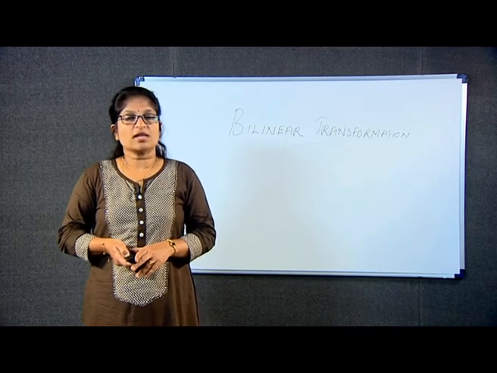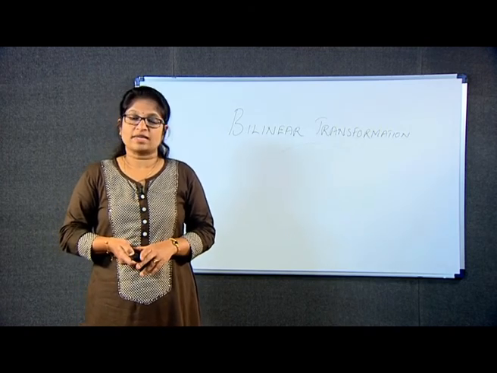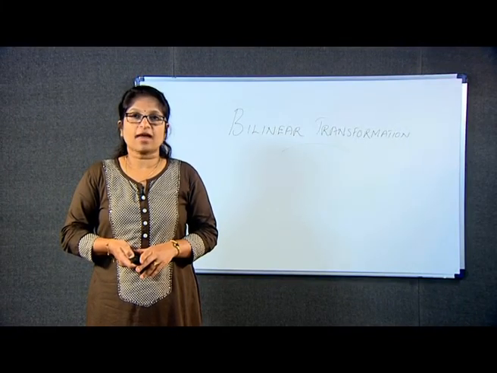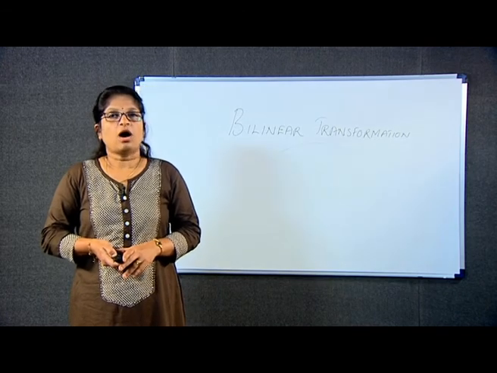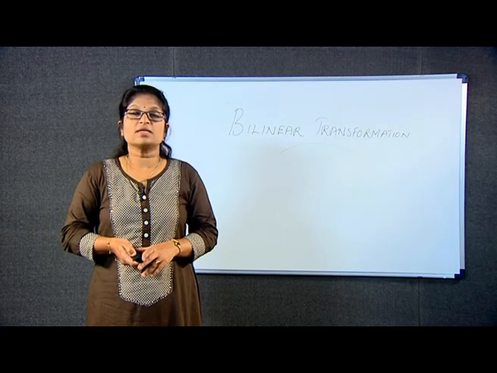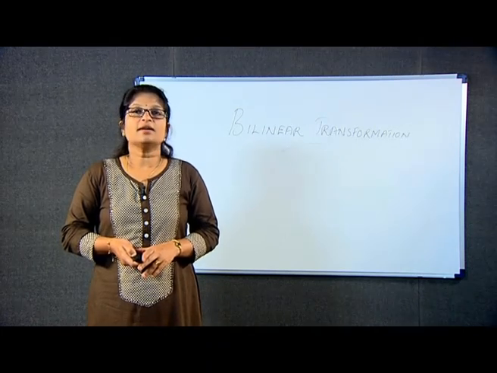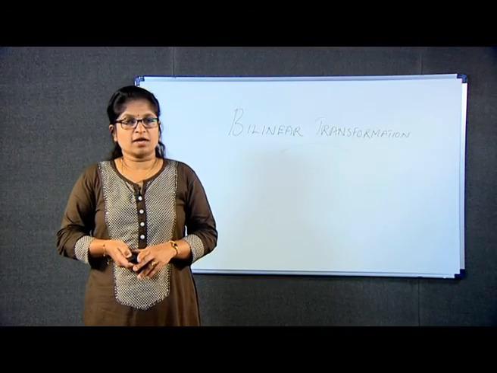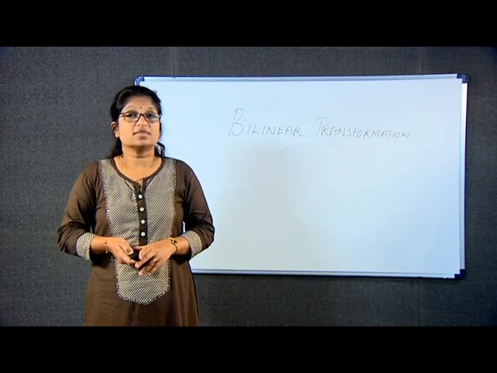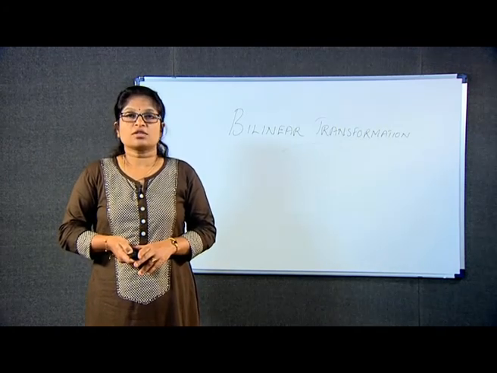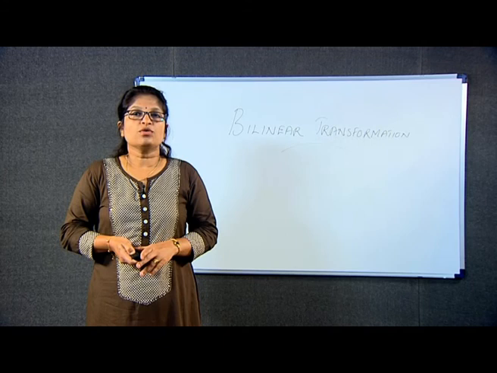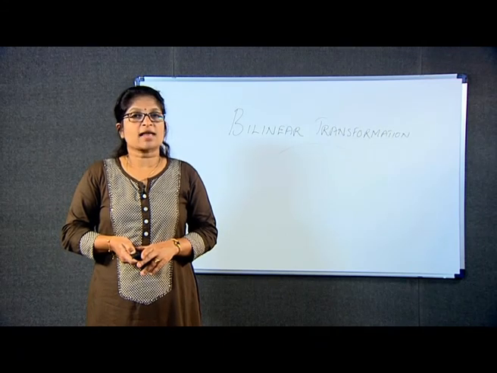You have also seen the cross ratio preservation property of bilinear transformation, and this property can be used to find the bilinear transformation if you know 3 points, the triples z1, z2, z3 and their images w1, w2, w3 under the mapping w is equal to f of z, which is your az plus b by cz plus d. So, this cross ratio preservation property helps you to find the mapping if you know 3 points and their images.